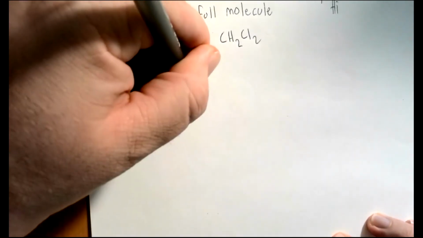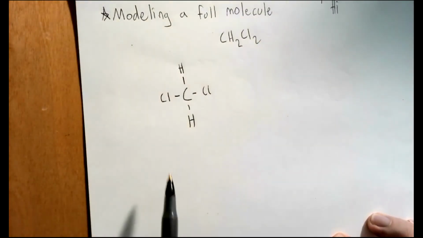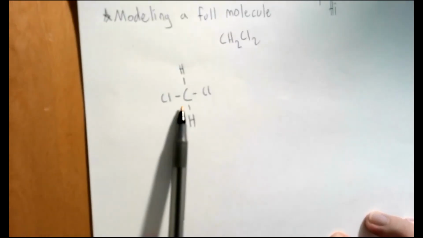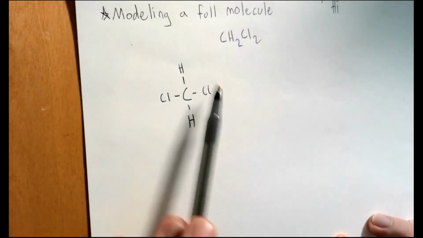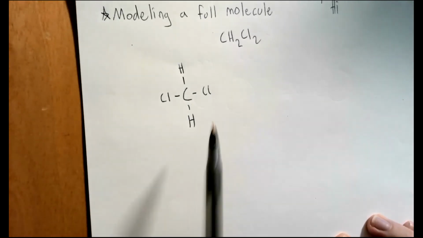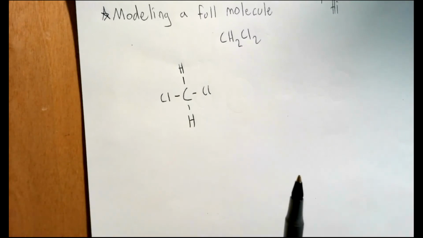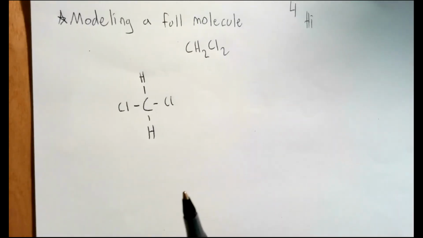It would look like a C, an H, and a Cl, and a Cl, and an H, something like that. But we want to model it to show the respective sizes of the different atoms. So I think it would be smart for us to at least get one of each atom type before we start putting our whole molecule together.